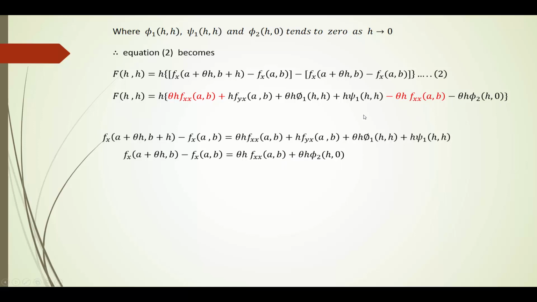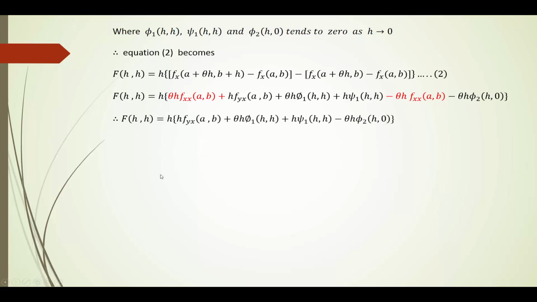Then this term and this term cancel, plus and minus. Theta h f_xx(a, b) minus theta h f_xx(a, b) cancel this term. So we get h inside the bracket h into f_yx(a, b) plus theta h into phi_1(h) plus h into psi_1(h) minus theta h phi_2(h, 0).